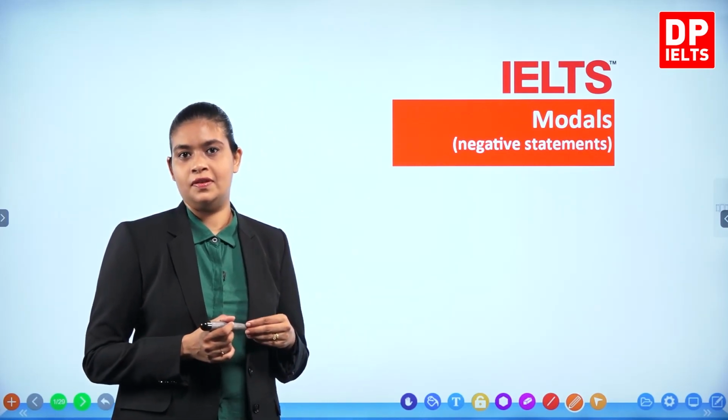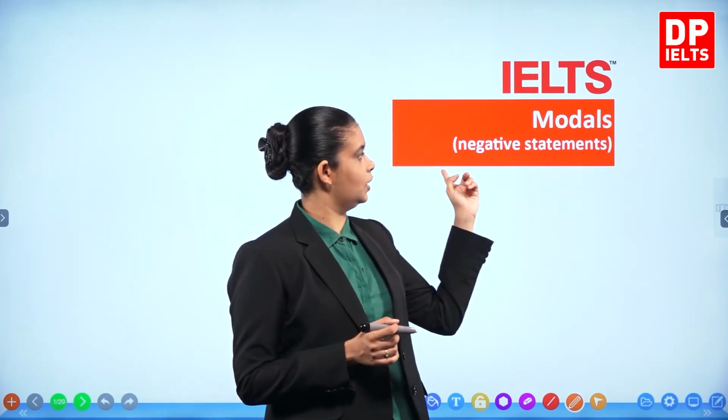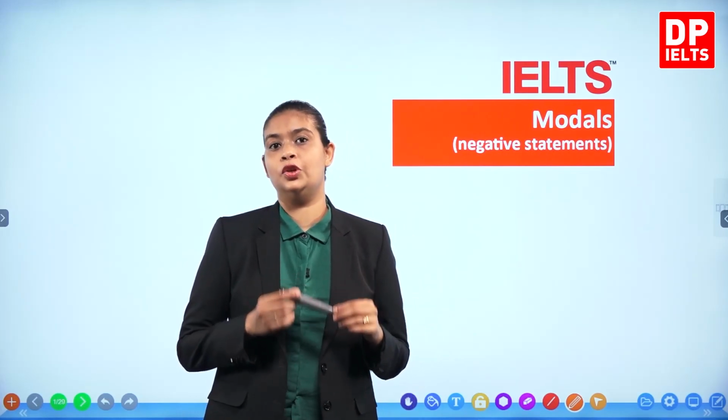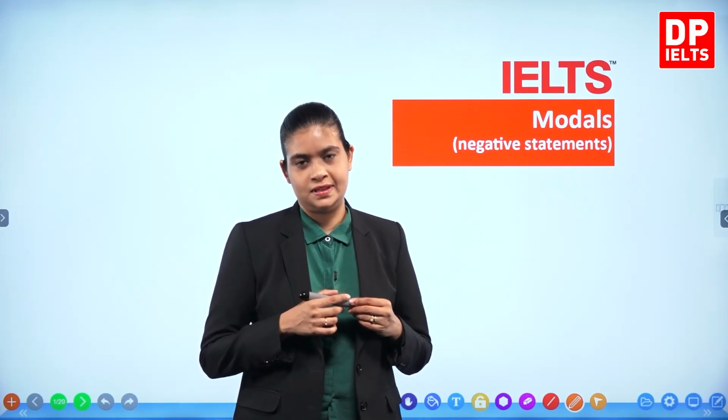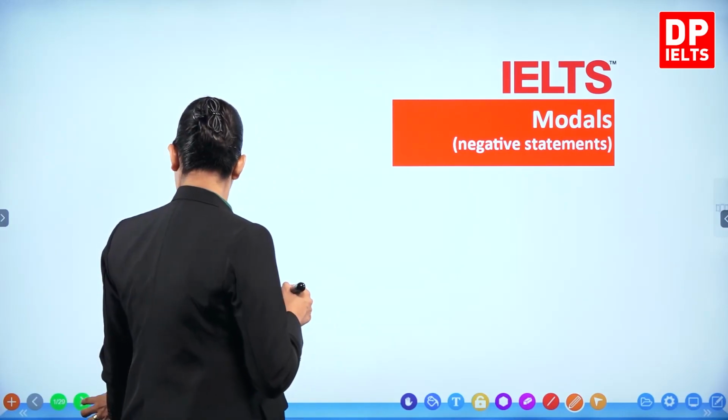Today we're going to focus on modals. It's the same as the previous lesson, but the only difference is we're going to have a look at modals being used for negative statements.